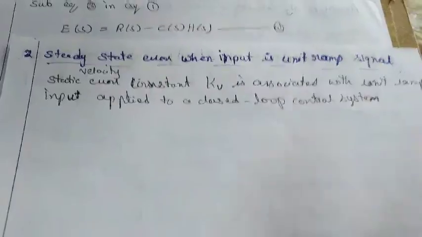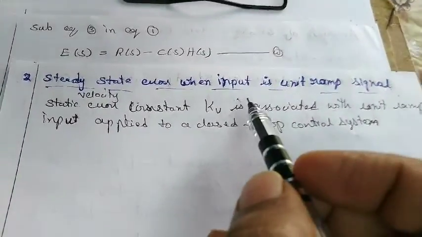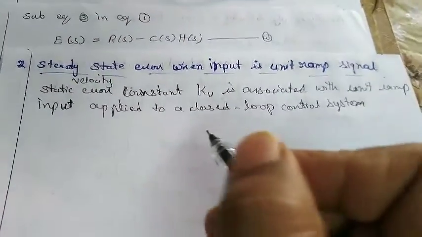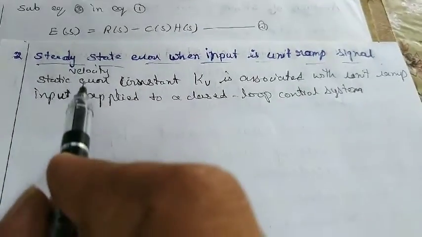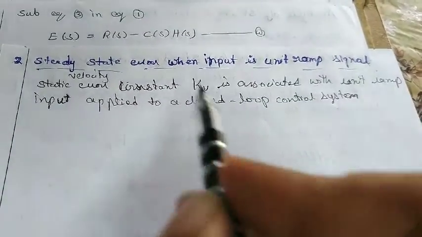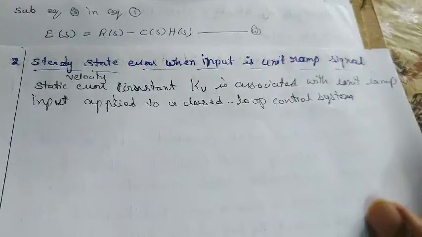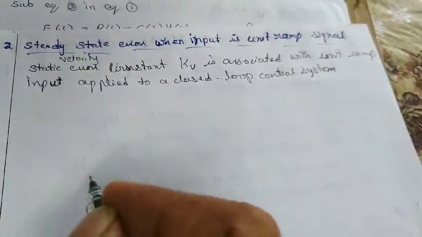Continuing that, we'll go for the next one, that is steady state error with input as a unit ramp signal. The static velocity error constant Kv is associated with this ramp input applied to the closed loop system.